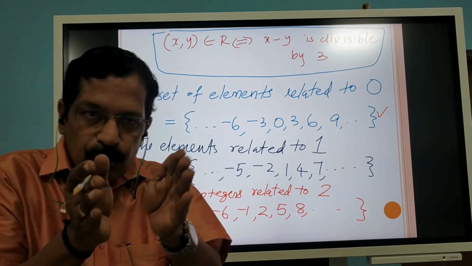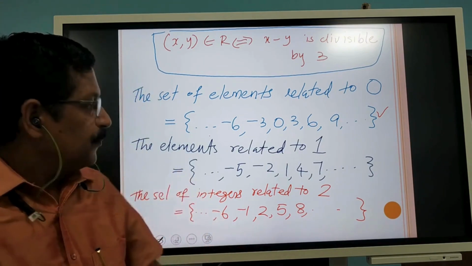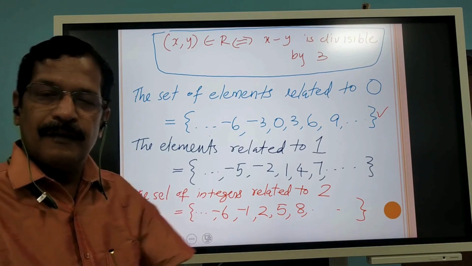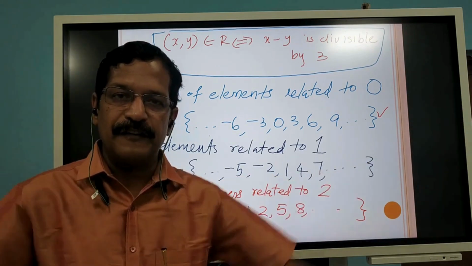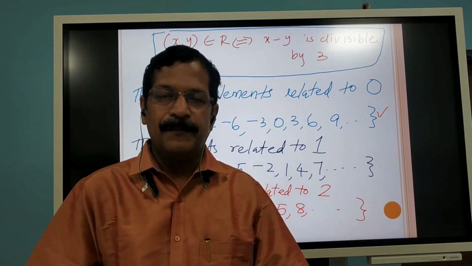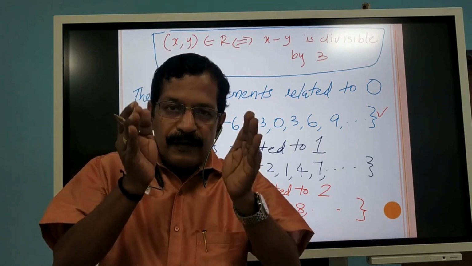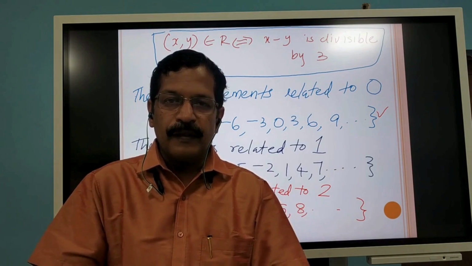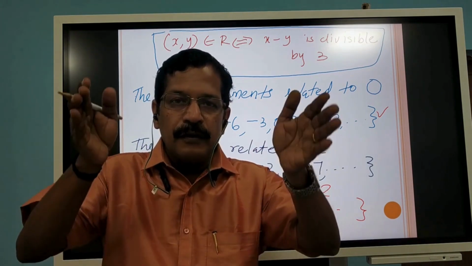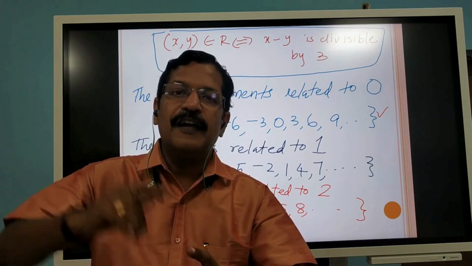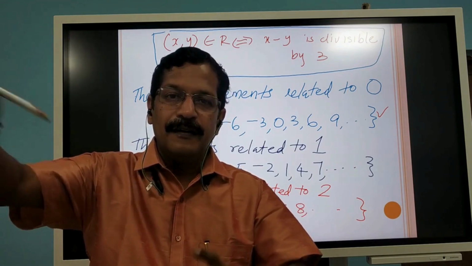Of course, what will be the union of these three sets? When we take the union of these three sets, we will get the set of all integers. So, what exercise have we done here? We have taken the set of all integers and defined a relation R, and that R is an equivalence relation.